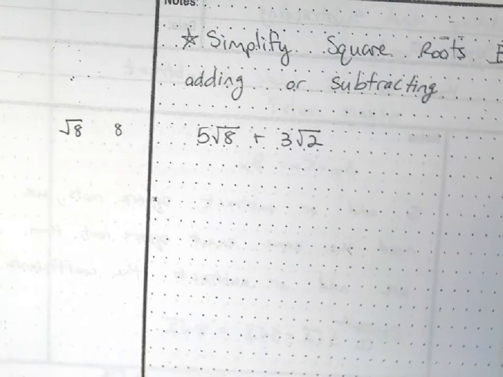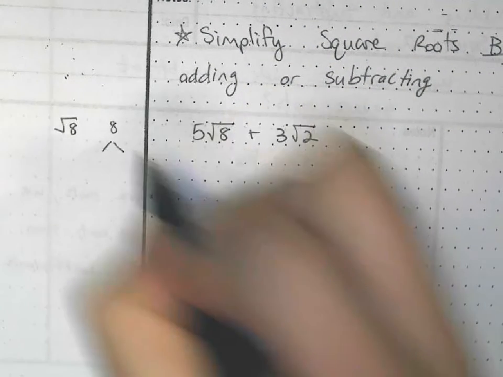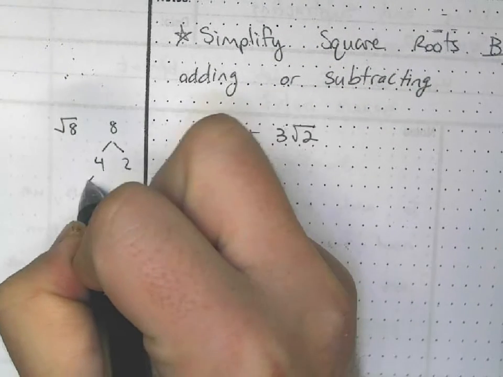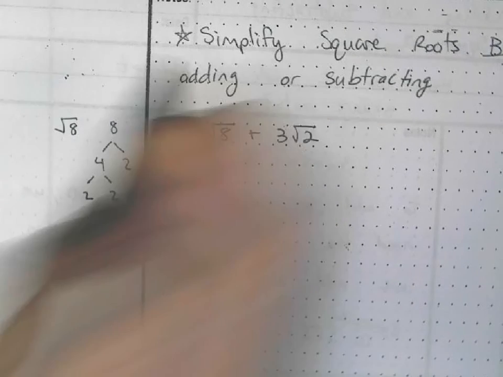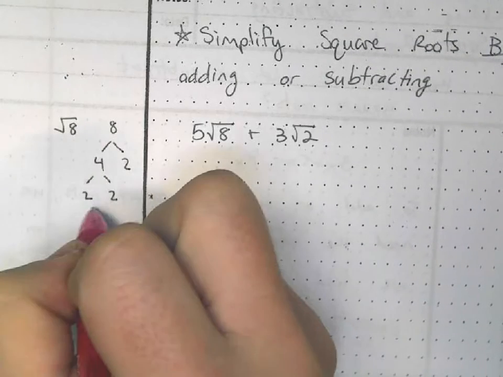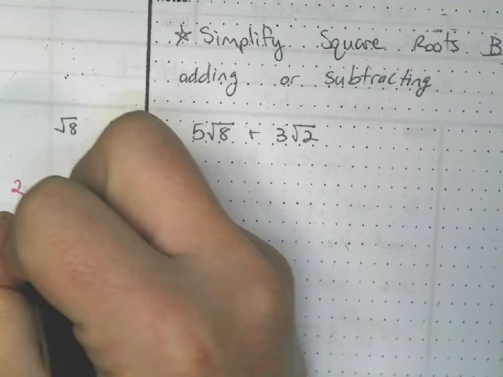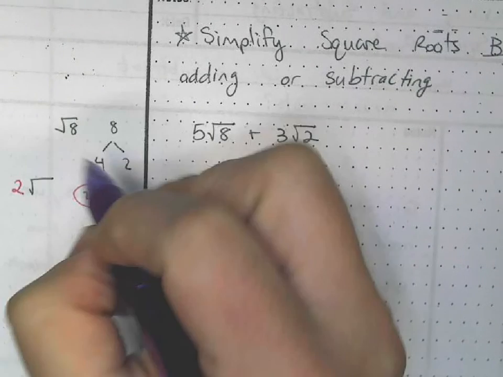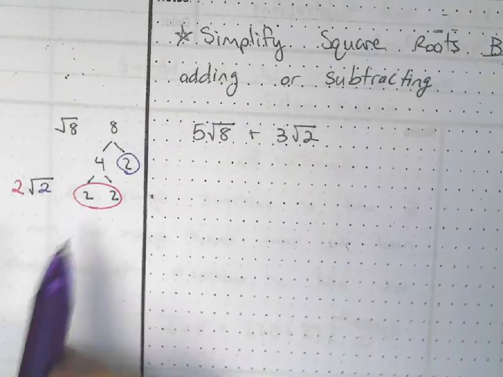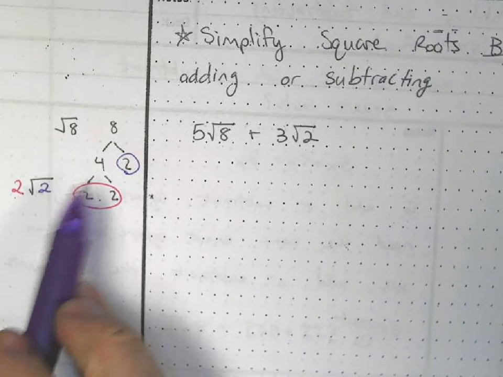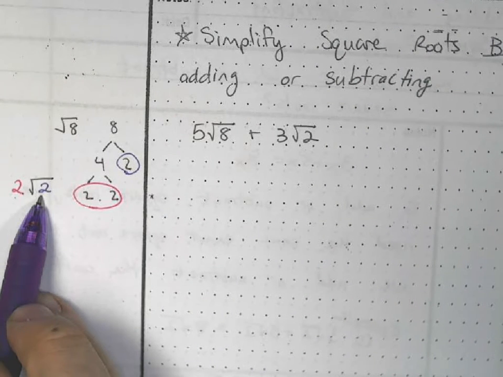And then I'll simplify it by setting up my factor tree. So I have 8, which becomes 4 times 2. This becomes 2 times 2. So now I have 2 square root of 2. My pair popped out, and my other number that was left behind goes back inside.